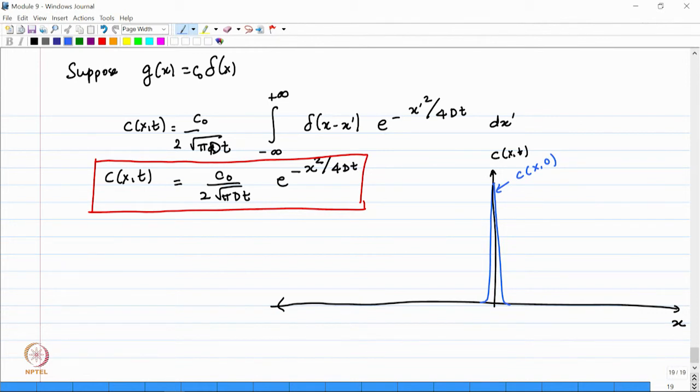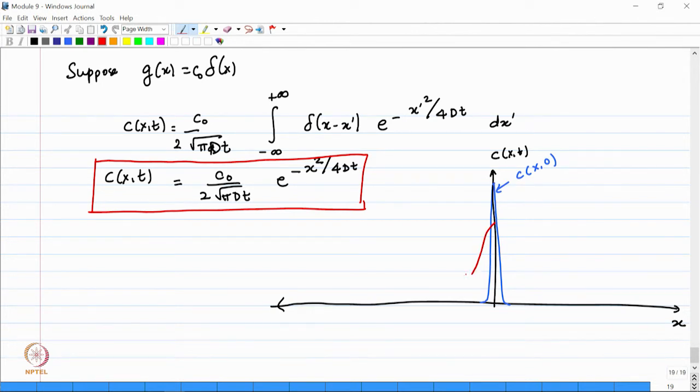Now, as t increases, it becomes a Gaussian. The limit of this Gaussian as t goes to 0 is the delta function. Okay. So, as t becomes larger, the width of the Gaussian becomes more. So, your Gaussian becomes a wider function.